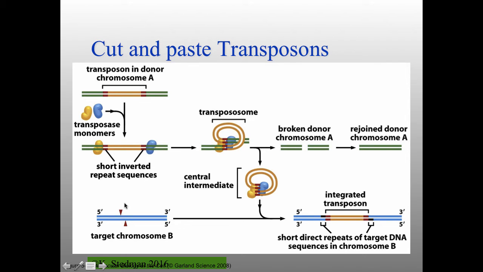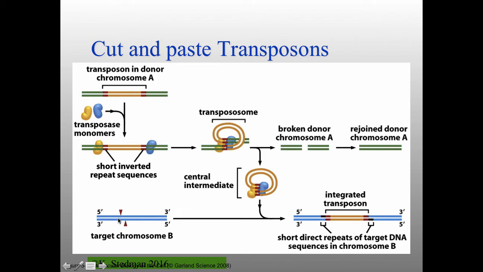But where it cuts into the chromosome that it's jumping into, it cuts slightly offset on the two different strands. And so with that offset cut, you're going to end up with a gap here shown in black that then gets filled in by the normal DNA polymerase. Same thing is going to be true over here on the other side.